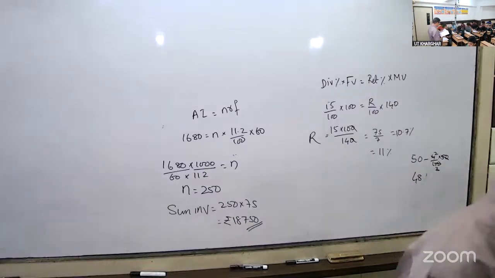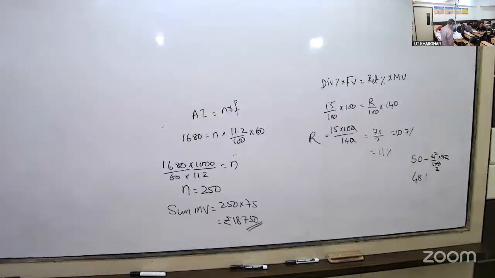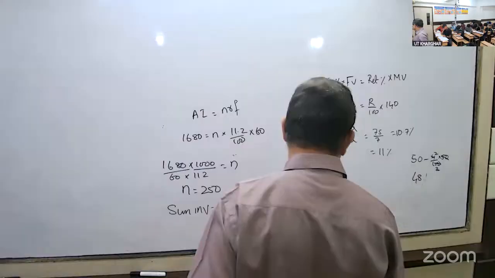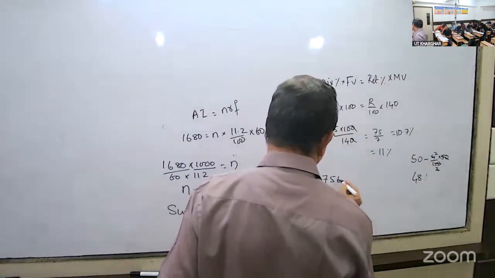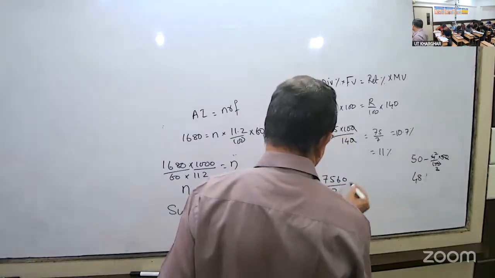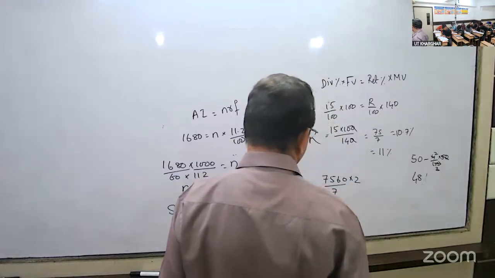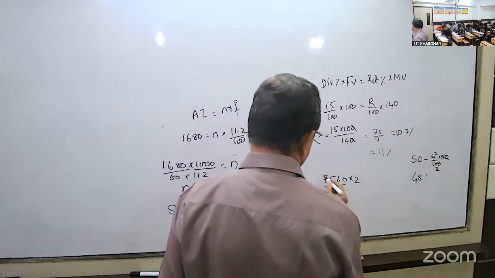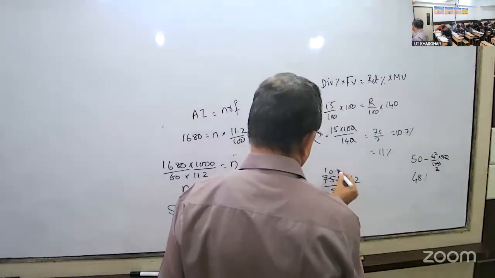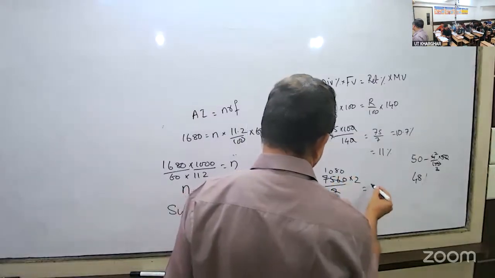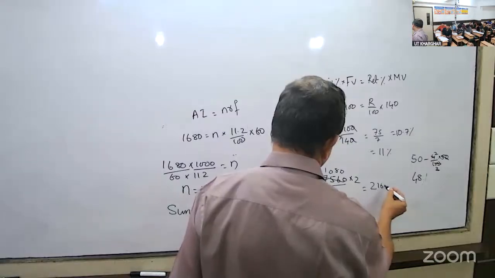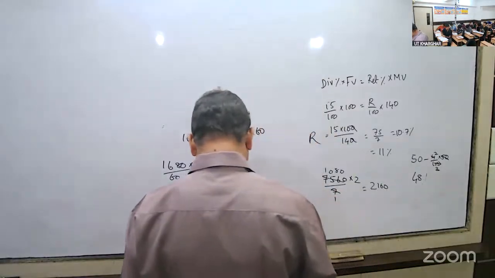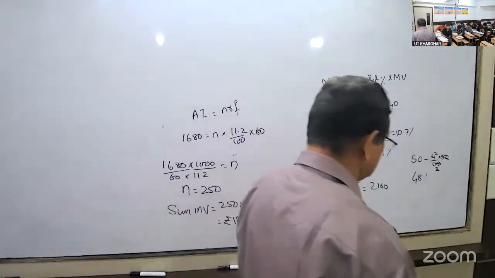Therefore, number of shares is equal to 7560 divided by 3.50, which is 7560 by 7 by 2. How much? 2160.